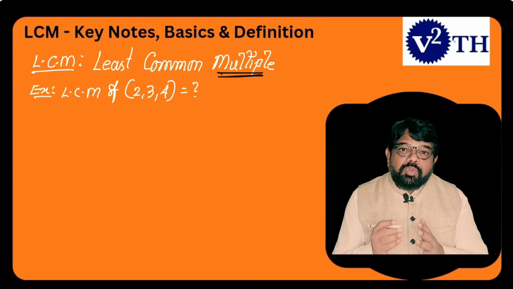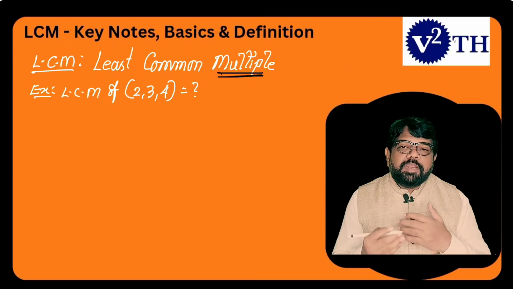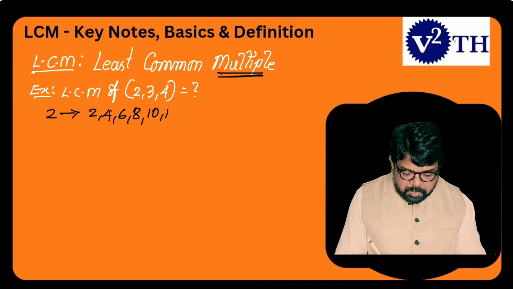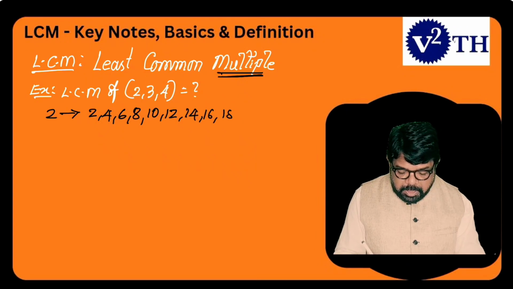Now LCM of 2, 3, 4 means you have to take the multiples of 2, multiples of 3 and multiples of 4. The multiples of 2 are 2, 4, 6, 8, 10, 12, 14, 16, 18, 20, 22, 24 and so on.